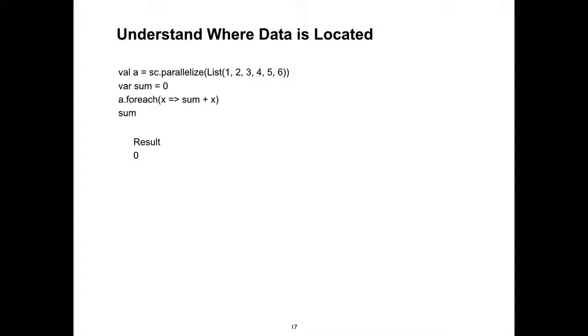Huh? What did I do wrong? Maybe my kernel is wrong. Maybe I'll spend another couple hours trying to debug my kernel because there's clearly something wrong. Because when I add 1, 2 up to 6, I don't get 0. I get anything but 0, right? But that's not what's going on.